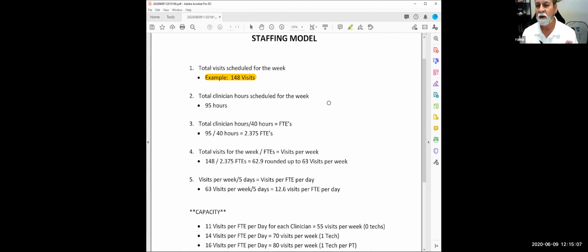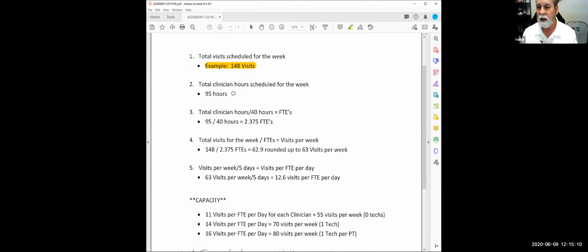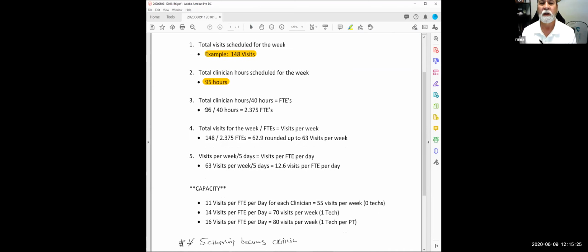The second thing you have to look at is total clinician hours scheduled for the week. That is PTs and PTAs. In this example, we're using 95 total hours for the week. So total clinician hours is your 95.